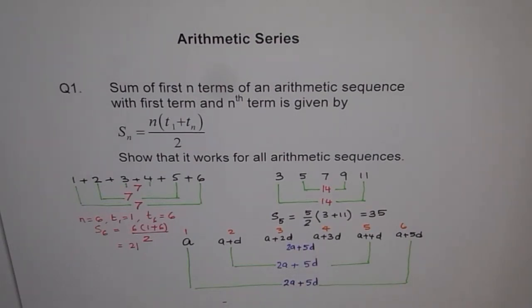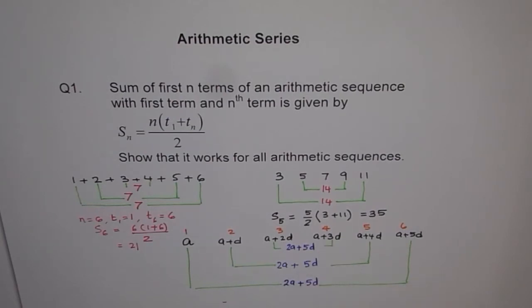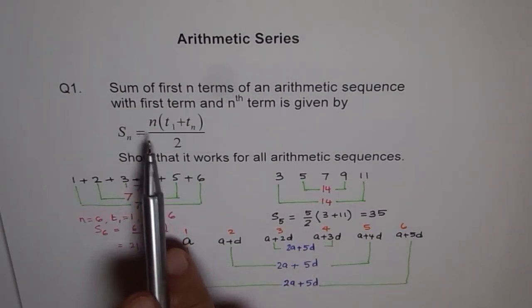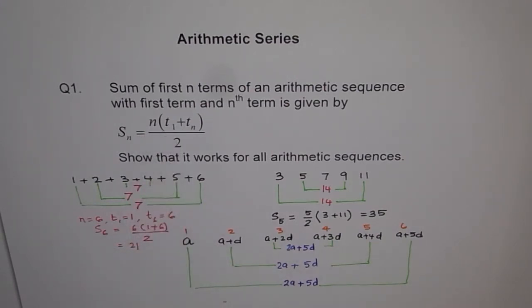So we get 2A plus 5D. So we got the same thing inside, right? And how many of these pairs? 3. 3 is 6 divided by 2. First term plus last term. And let's see how it works with our formula.